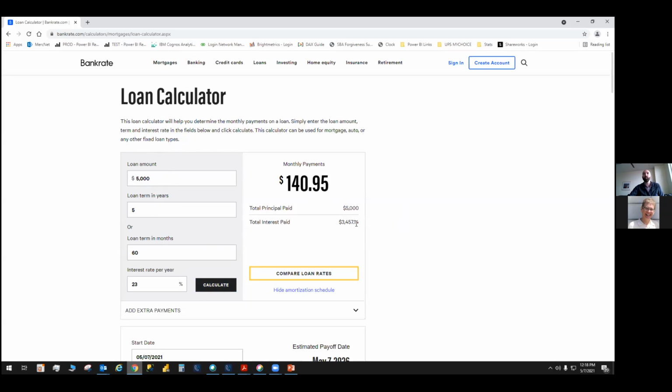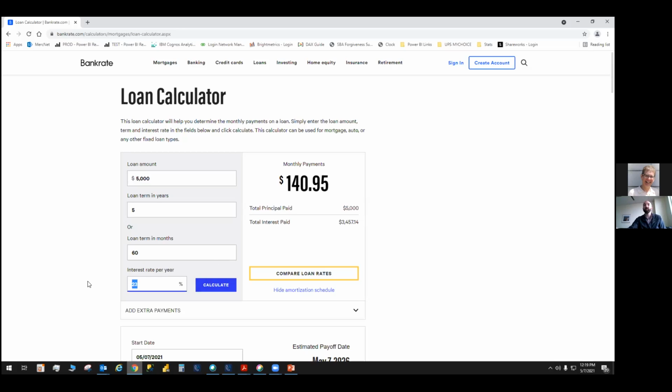I'm going to pay $3,457 in interest, meaning the total to pay off my credit card is around $8,500 if I pay $140 a month. Remember, this is loose. With a credit card, I could pay the minimum one month. That would stretch it, and you adjust as we go to fit your budget. And that's with a really high interest rate. That's why the interest is so large.